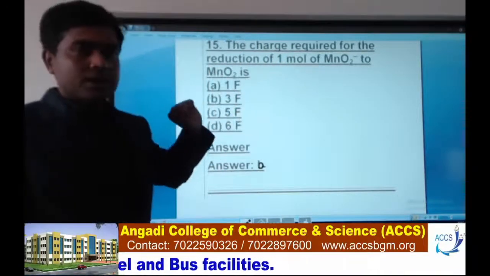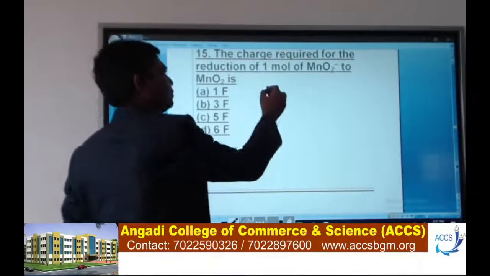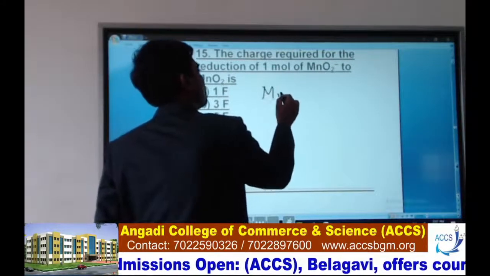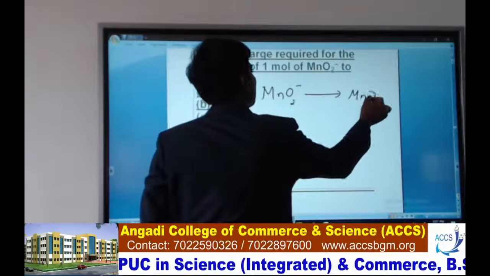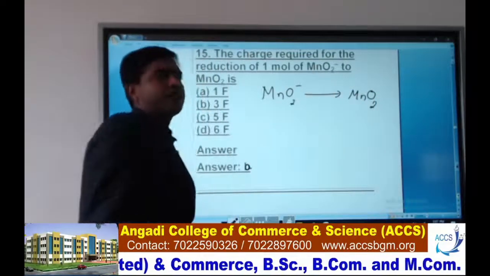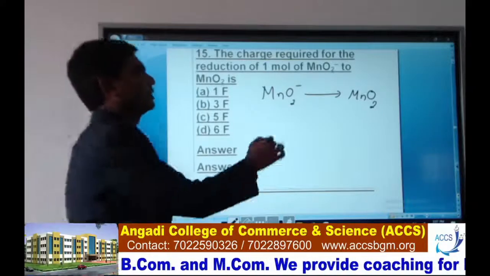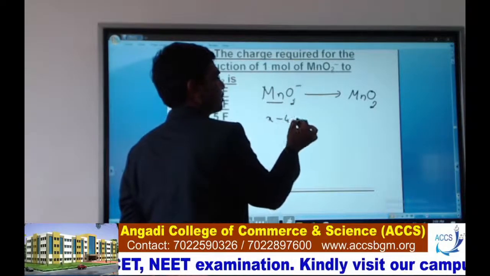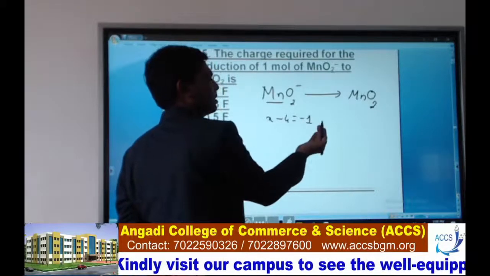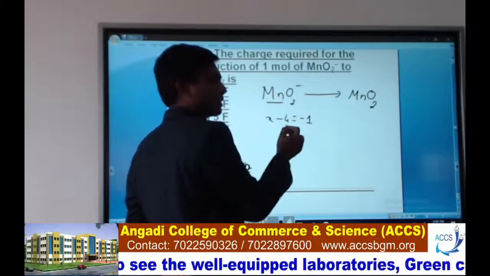Whenever the reaction is given like that, what you should do? MnO4 minus gives MnO4 2 minus. Okay? First find out the electrons transferred. The charge of this one, x minus 8 is equal to minus 1. When you take this side, it becomes plus 8.